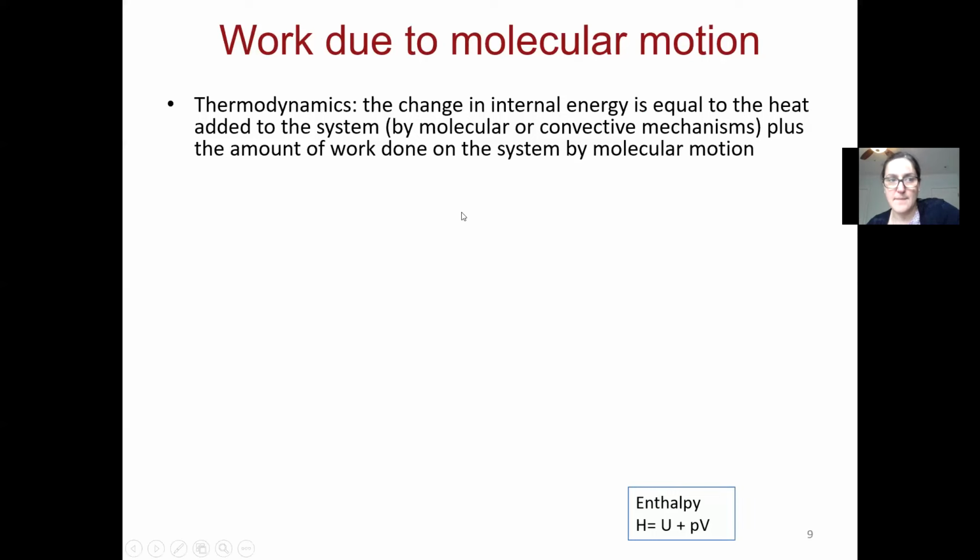In thermodynamics, we know that the change in internal energy is equal to the heat added to the system by molecular or convective mechanisms, plus the amount of work done on the system. In this case, we're going to look at the work done by molecular motion. Work in general is force dot displacement vector.